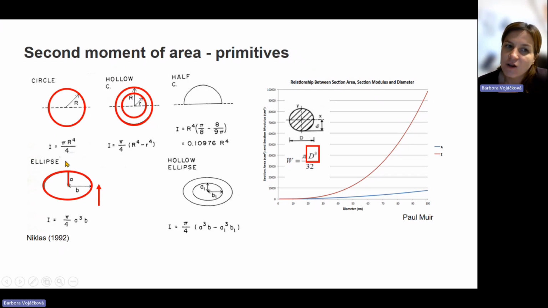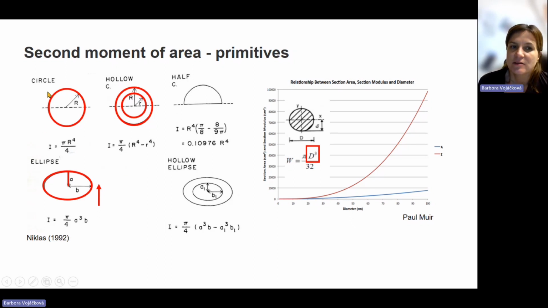And we all know these equations, like that the moment of inertia is π multiplied by the radius to the power of 4 and divided by 4, or when it's a diameter, it's π multiplied by the diameter to the power of 4 and divided by 64.